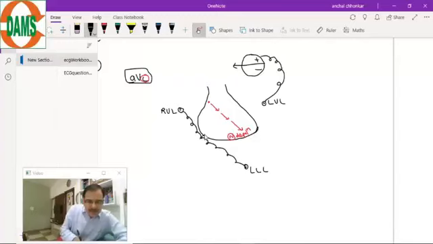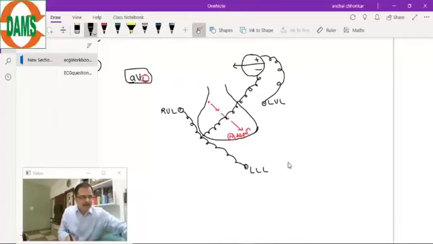And this combination will go to the negative pole. So this is the combination: the left upper limb wire will go to the positive pole, and the combination of the remaining limbs, right upper limb and left lower leg, will go to the negative pole.